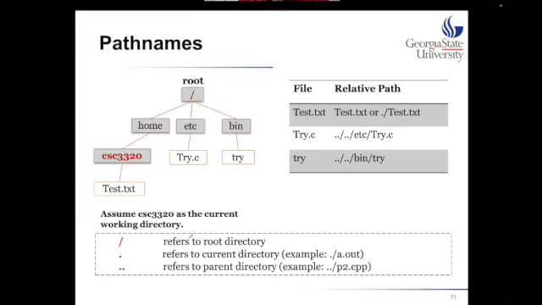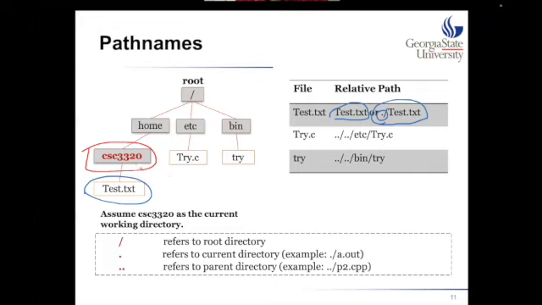So let's assume that we are currently within this directory, and then what will be the relative address for this file? The relative address for this file will be, see here, directly you can use test.txt, or you use period slash. Period slash means from the current directory, I can directly access this test.txt.